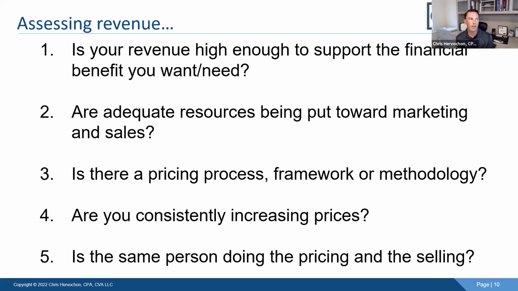Number 2, and this is surprising how often we see this as an issue with agencies, but are you putting adequate resources toward marketing and sales? Very commonly, we will see an agency that says to us, we want to grow 100, 200, 300%, whatever it is. And then we go to do their budget. It's like, yeah, we're probably going to spend about $1,000 on marketing this year.